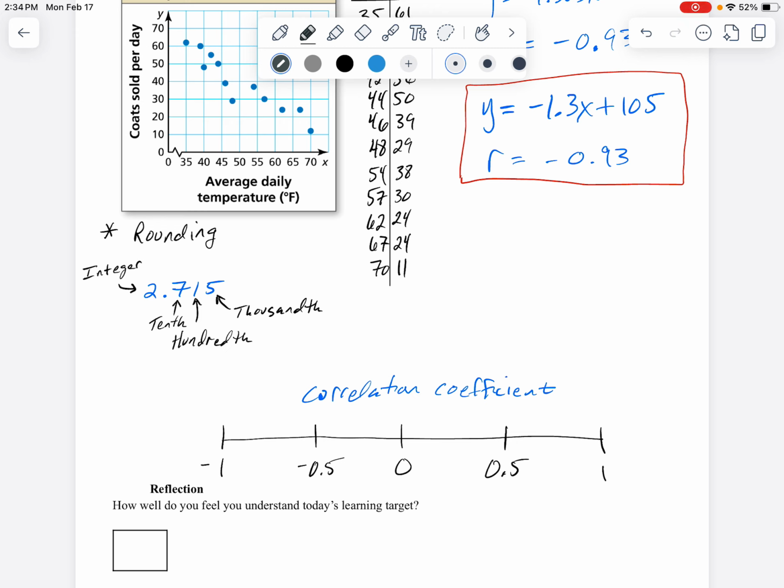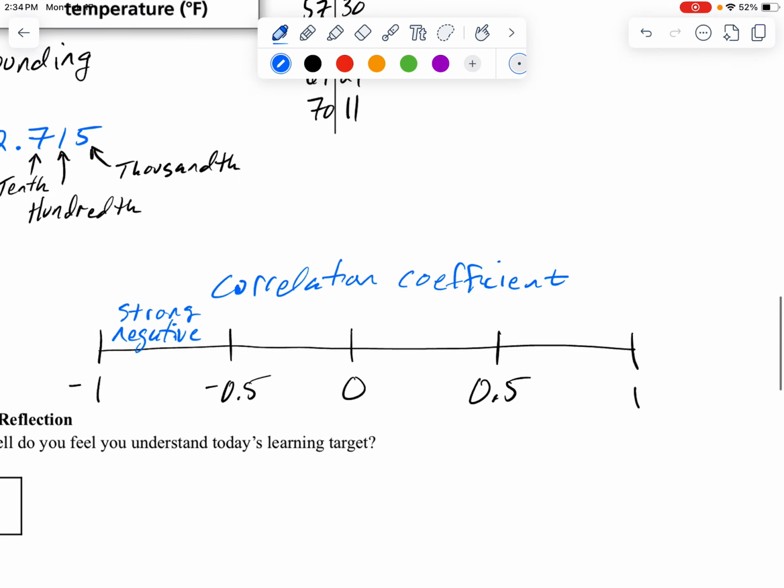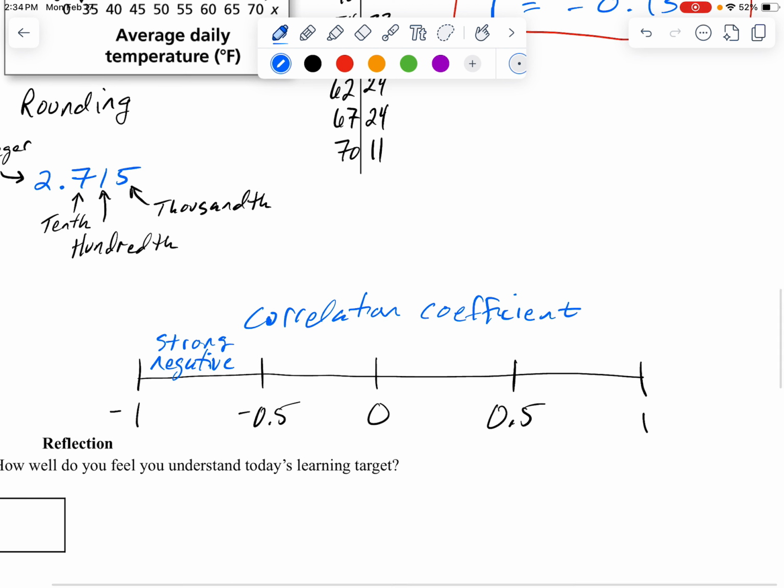This is a negative number, and it is very close to -1. We say this would be a strong negative correlation. If it's between -0.5 and 0, this is what we would call a weak negative correlation.